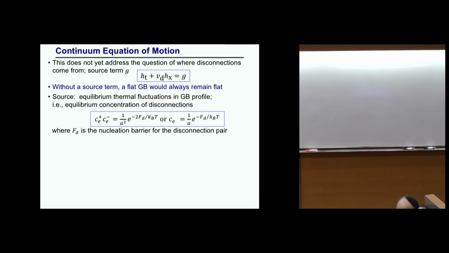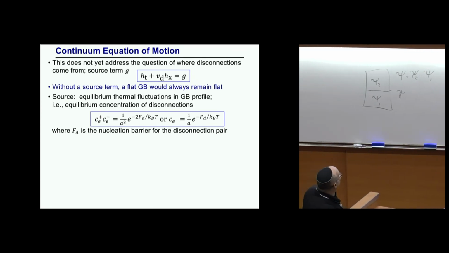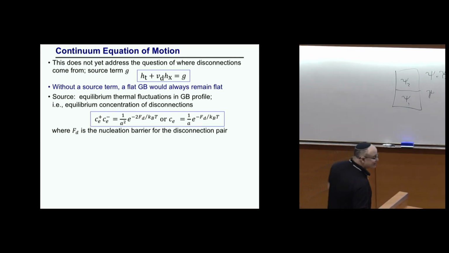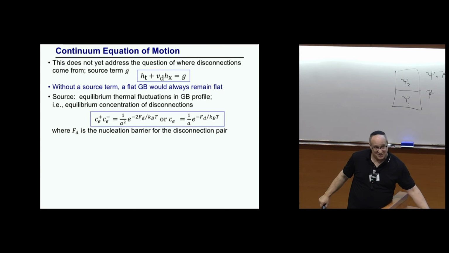This looks like semiconductor physics, but this is just the concentration of plus disconnections times minus disconnections. This is the formation energy of the dipole. And so it looks like that. This is just an assumption here. It's the simplest assumption: I'm going to assume that the density is in equilibrium.